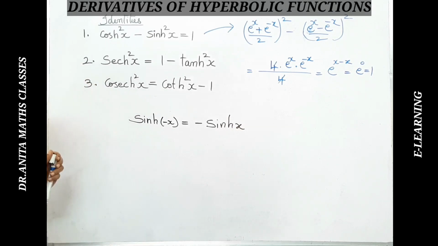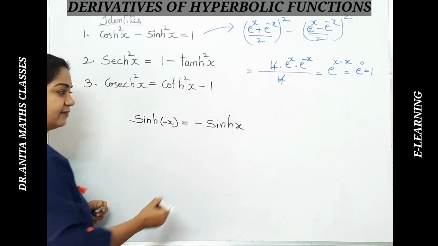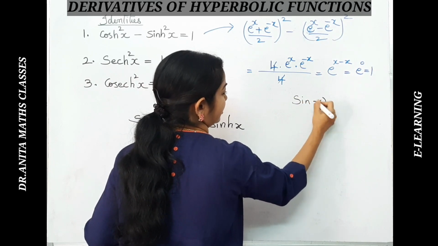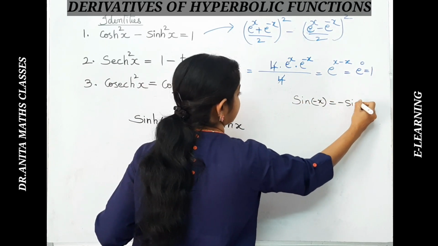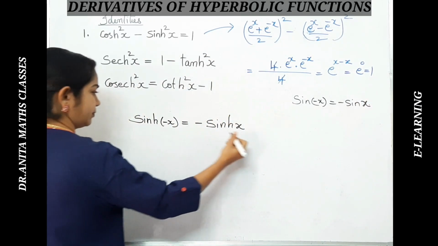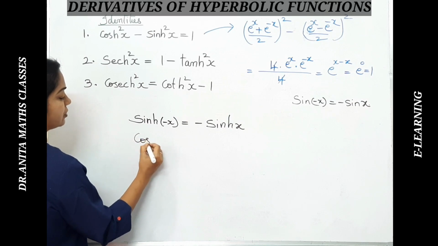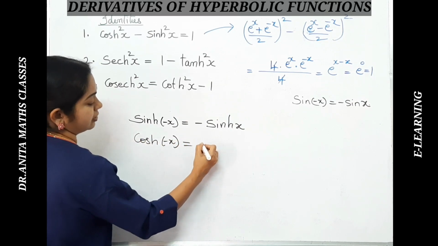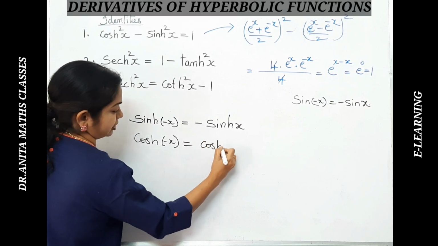This is one more function. As we have sine of minus x equal to minus sine x, isn't it? Yes, that is the trigonometric one. Even for the hyperbolic, it is the same way. And cosh of minus x is equal to plus cosh of x.